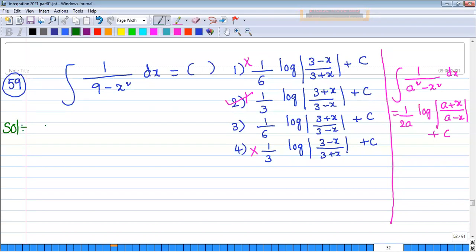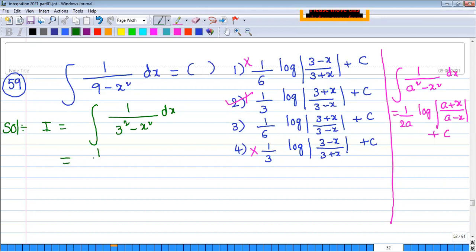Solution: I equals integral of 1 upon 3 square minus x square dx. Now this 3 square minus x square is in the form of a square minus x square. By comparison, a is 3.